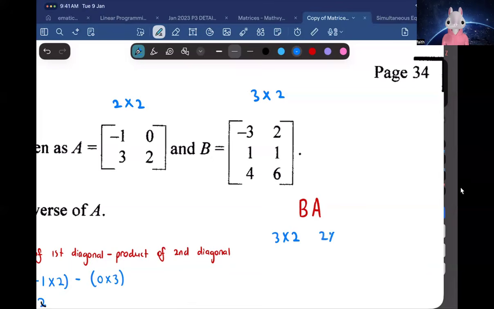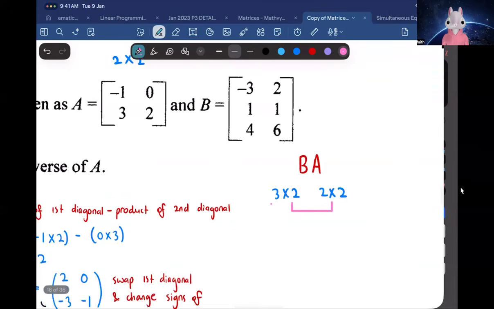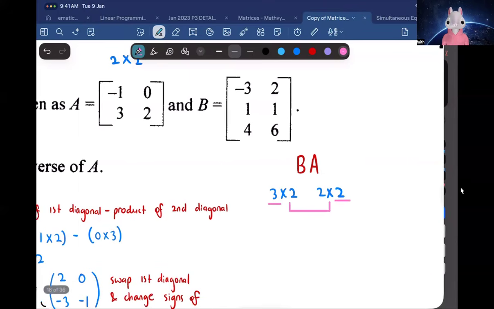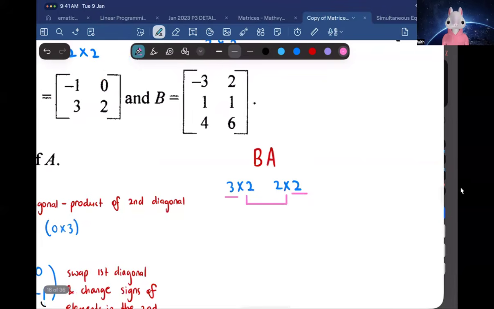Would B by A be compatible? Yes, that would be compatible. The outer numbers tell us the final order, so if you multiply B by A, it will be a 3 by 2 matrix.